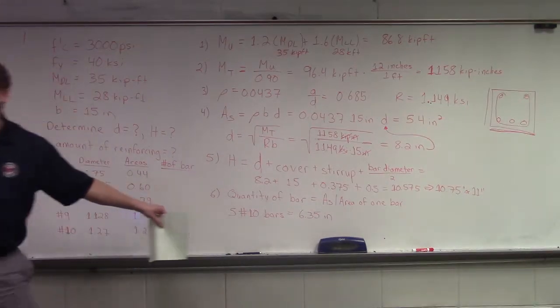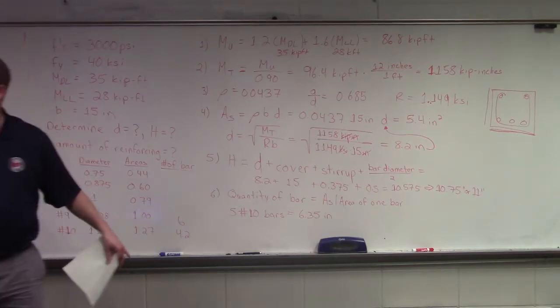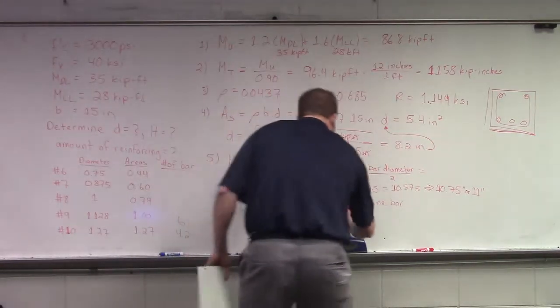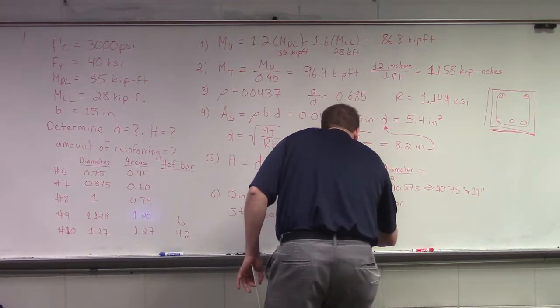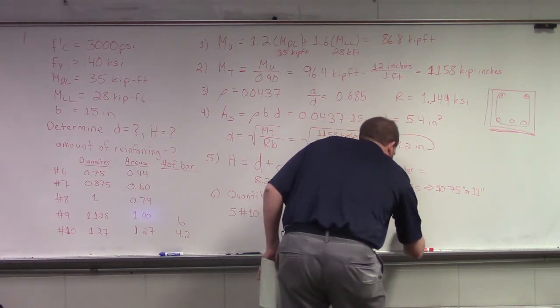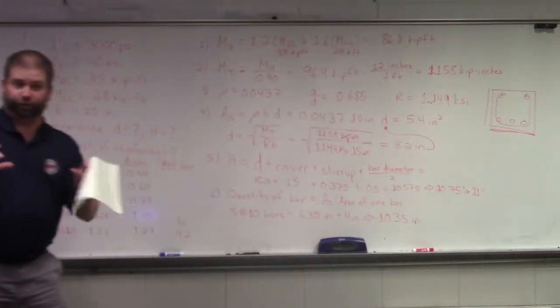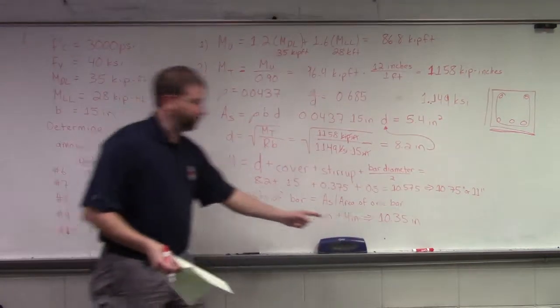And if we have 5 number 10 bars, we'll put 4 one-inch spaces between them, okay? And we don't have our cover. So we need 10.35 inches of allowable space, right? So now that's what we'll check.